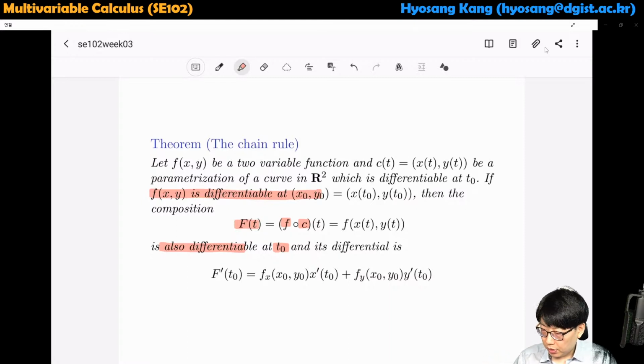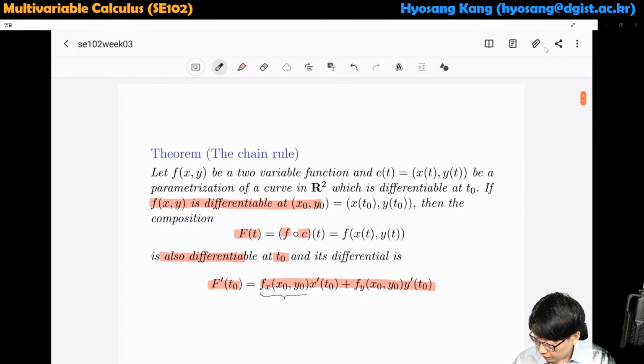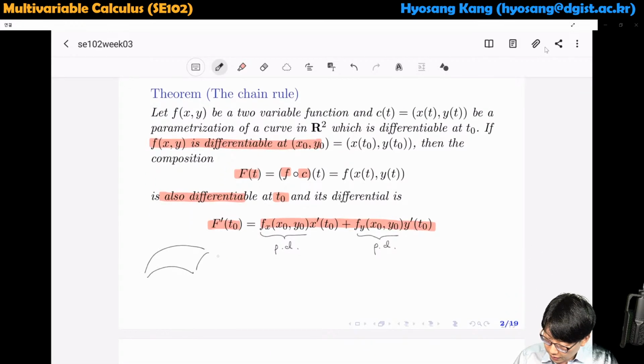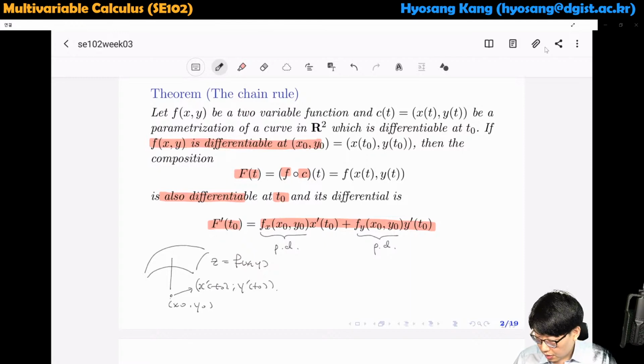And moreover, and this is more important, the derivative can be written as f prime of t0, a linear combination of x prime and y prime, with coefficients given by the partial derivatives. An easy way to remember this is that we have a graph of a function, say z equals f(x, y), and we have a point of interest (x0, y0), and I want to move along this direction, which is (x prime t0, y prime t0), instantaneously.